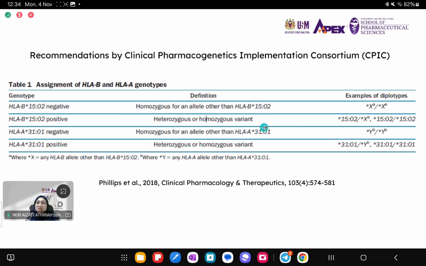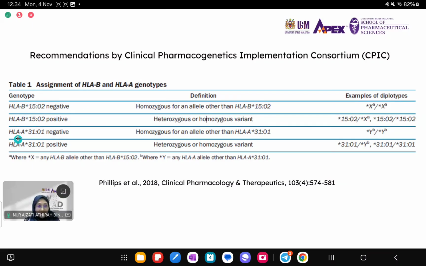It means just one allele is enough to make the patient positive. If one allele is the 1502 marker and the other allele is different, the patient is also considered 1502 positive. Even more so if homozygous. So the patient is considered positive, and negative if the patient does not have this allele at all.